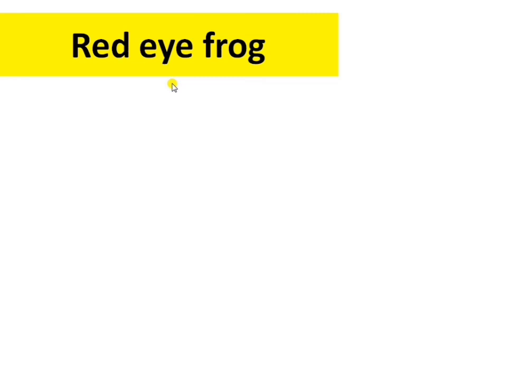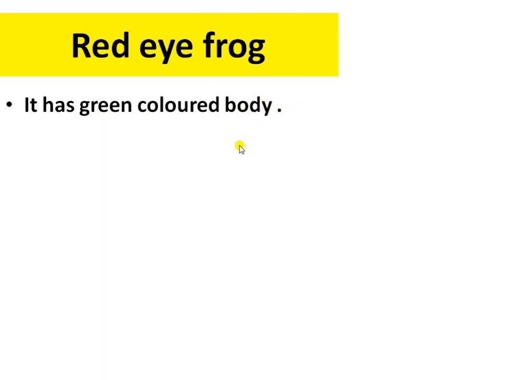So the first animal is the red-eyed frog. It has a green colored body that merges well with the green color of the leaves in the background. This helps it escape from predators.